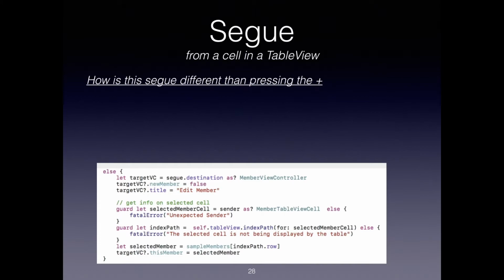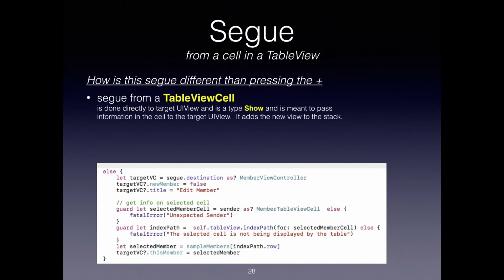If, however, the segue is from a cell, okay, then in that case, you would do your segue directly to the UI view. And this would be a type show, which means you're passing information to it, and you're basically putting the view into the stack, and then when you're done with it, you'll pop it off the stack and send the information back to the view that originated the send.